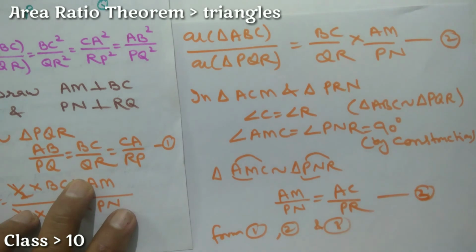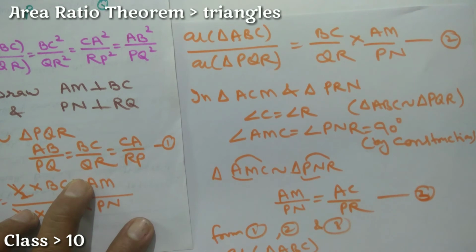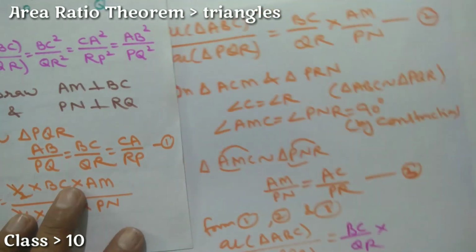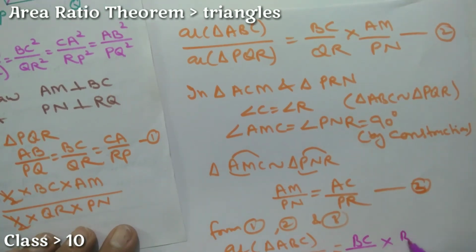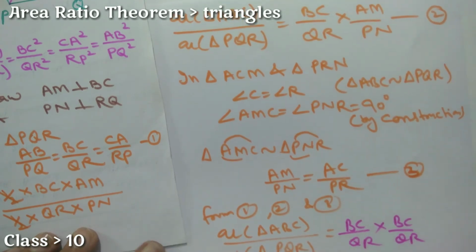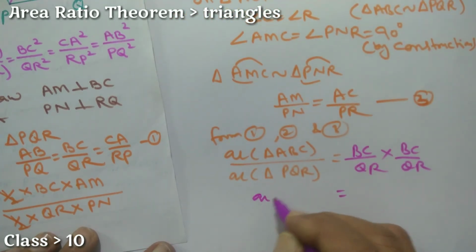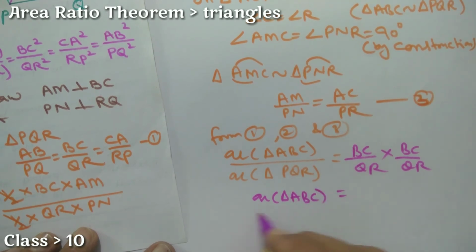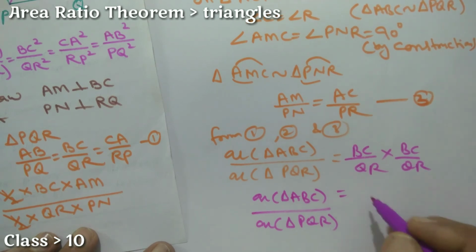So from first, second and third, we can directly write area of triangle ABC upon area of triangle PQR, replacing AM by PN with BC by QR. So what result do I get? I get area of triangle ABC upon area of triangle PQR is equal to BC square upon QR square.